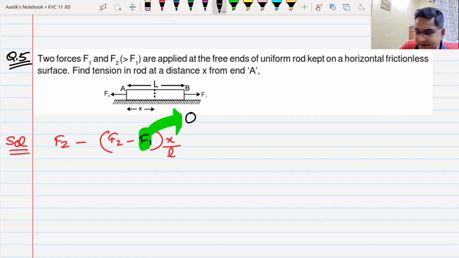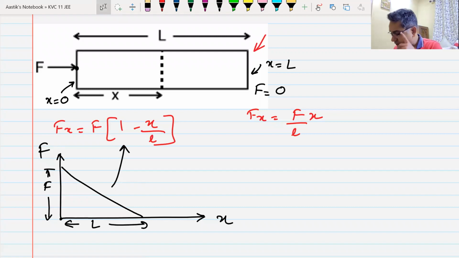You remember your previous answer? This one. Both of them are in the same form.